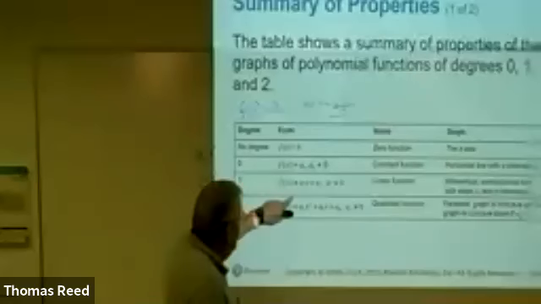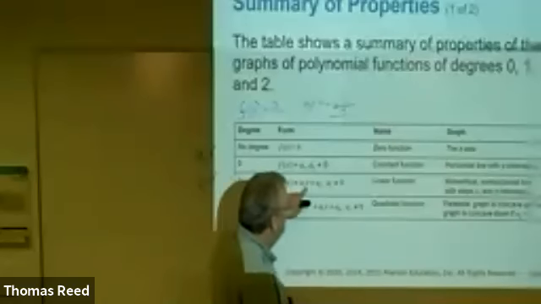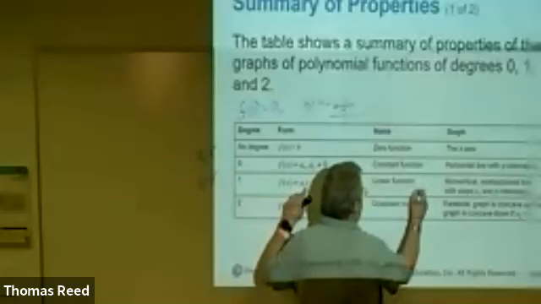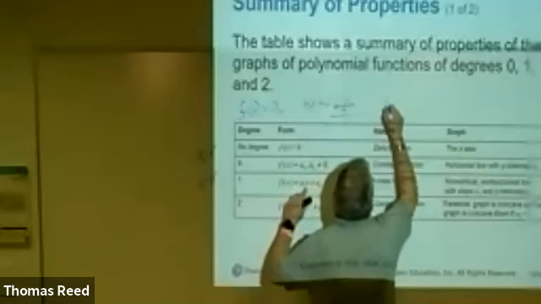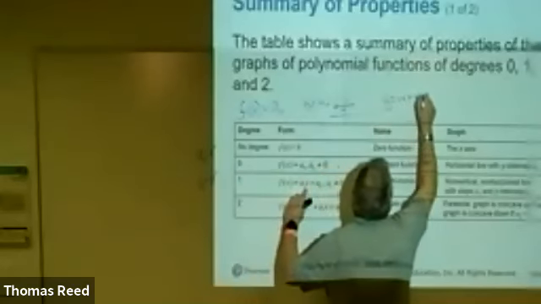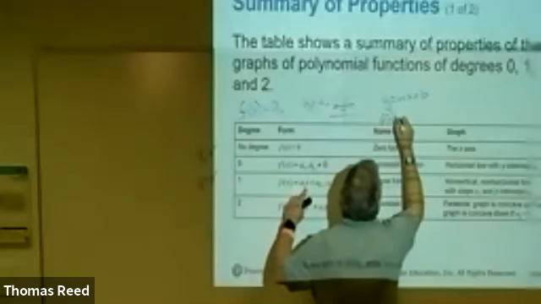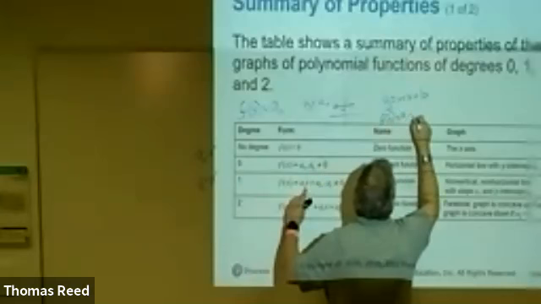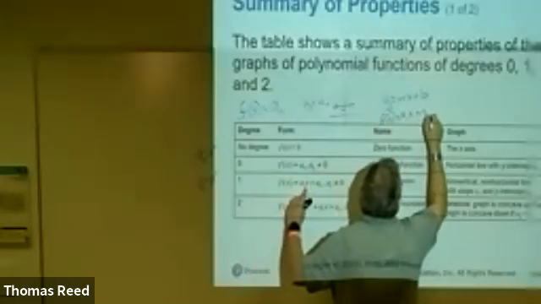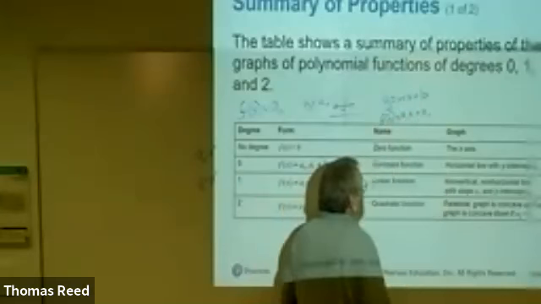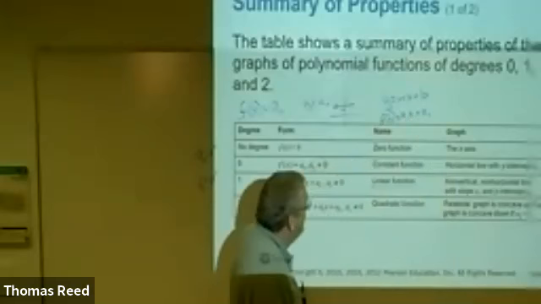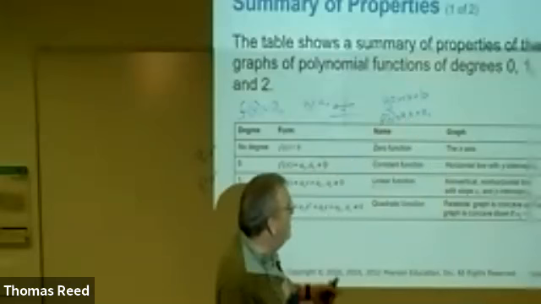Linear function has the linear function y equals mx plus b, but they write it as f of x equals a sub 1x plus a sub naught, where the b is just the a sub naught and the slope is a sub 1.